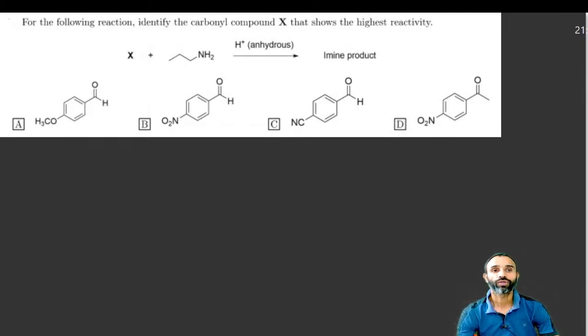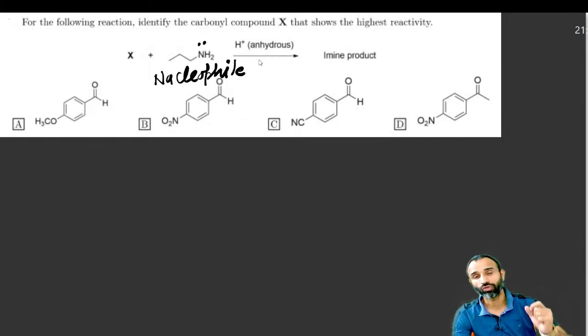Next is, for the following reaction, identify the carbonyl compound X that shows the highest reactivity. So, this one, yes, but this is acting as a nucleophile.